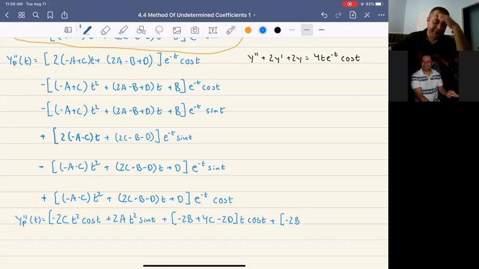Let's take a look at the d's. I'm sorry, the c's. So we're looking at the ct sine of t term. So here, no, here, minus 2c plus 2c.